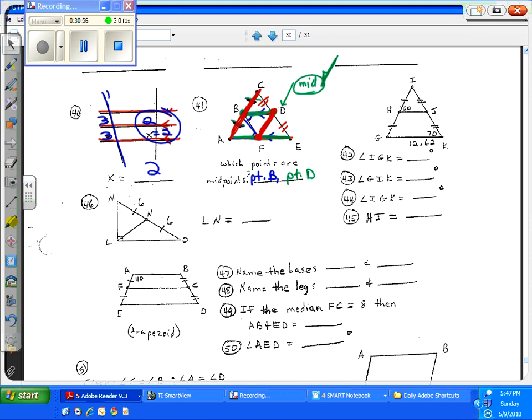We have no way of proving that these are parallel. Therefore, we have no way of proving that F is a midpoint, and so we're stuck with only being able to conclude that point B and point D are midpoints. Any questions on that? Okay.